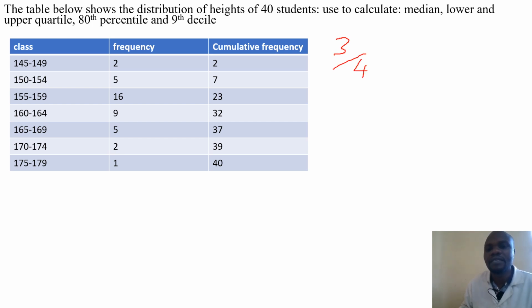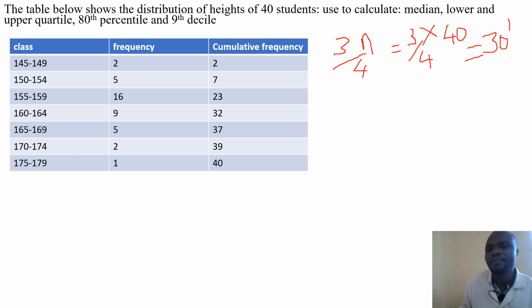Remember, quartile divides the data into 4 equal parts, of n, which is given by 3 out of 4 multiplied by our data here, which is 40. So this is equivalent to the 30th, because if I divide this, I get 10 here. So 3 multiplied by 10 gives us 30.